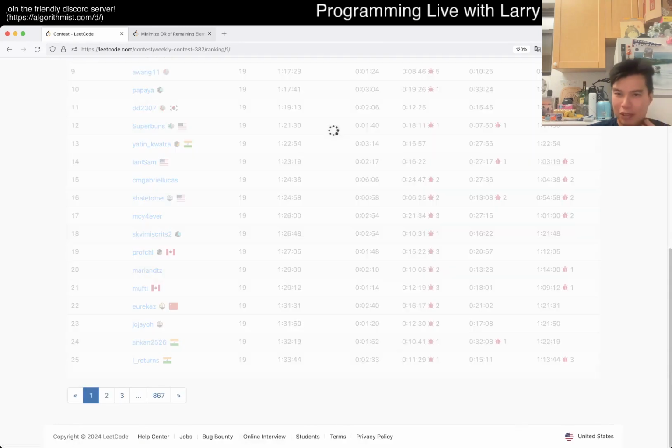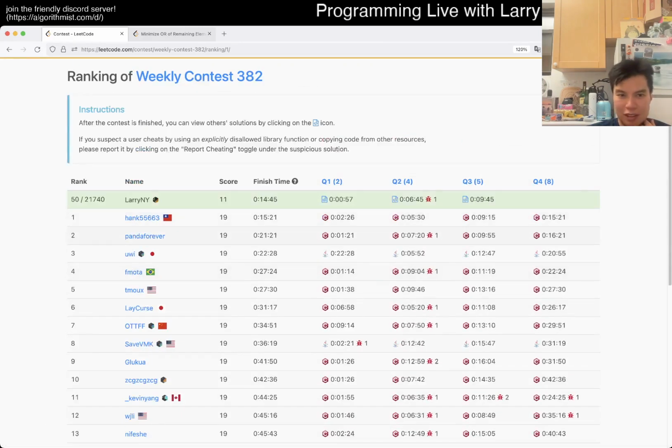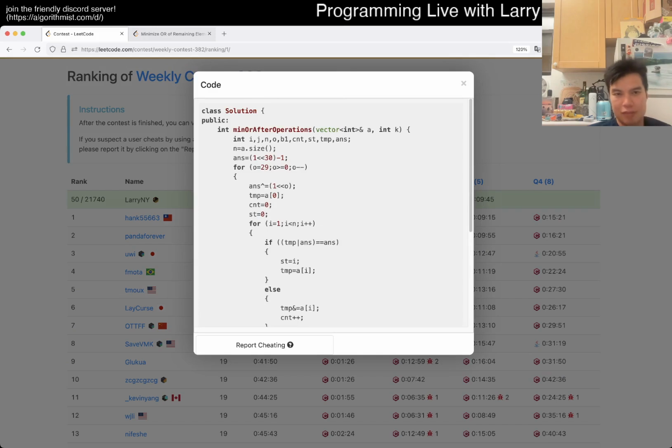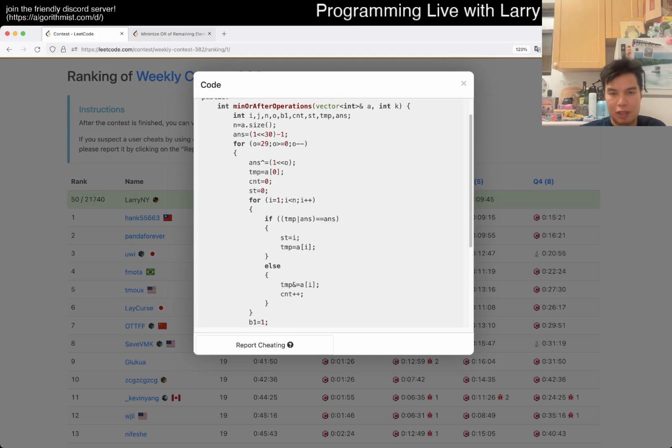Okay, apparently only page 1 answers. Let's see. I mean, all the structure is the same, but basically you have a possible answer and then you test the answer.